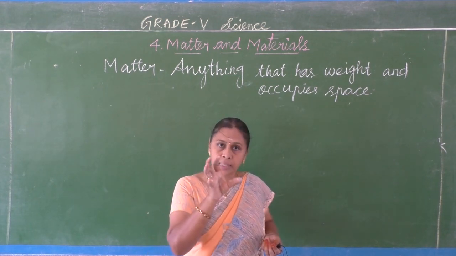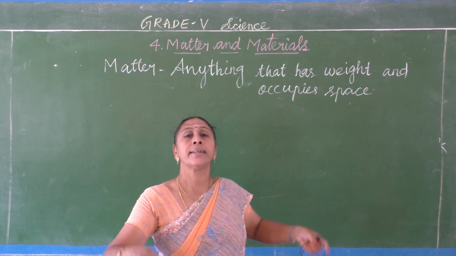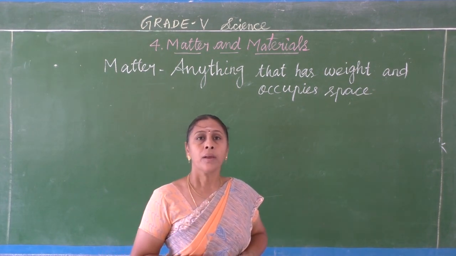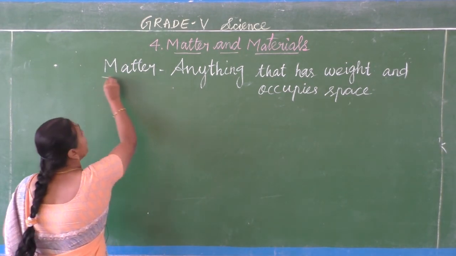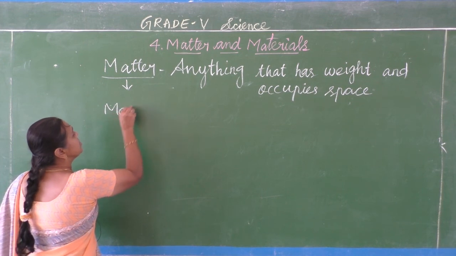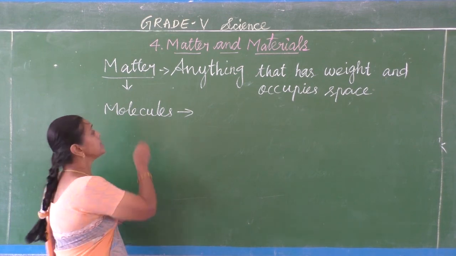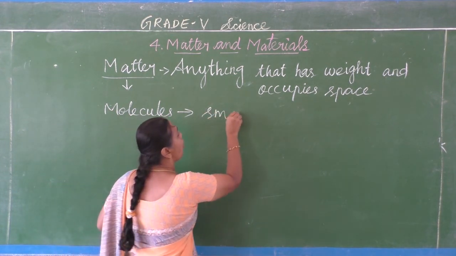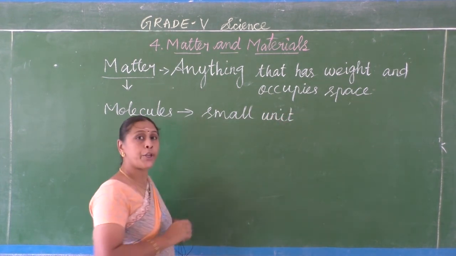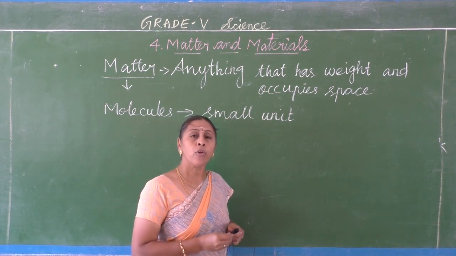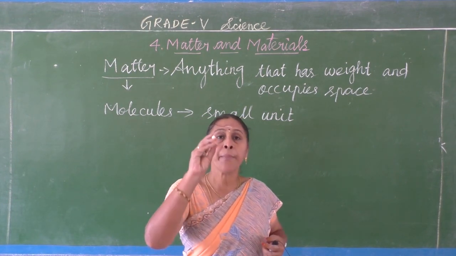Whatever it is that has weight and occupies space, it is a matter. Okay, this matter is made up of molecules. So what are these matter made up of? It is made up of a small unit called molecules. Molecules are nothing but the small unit in the matter.